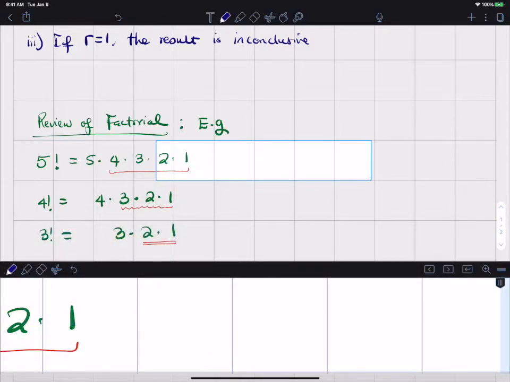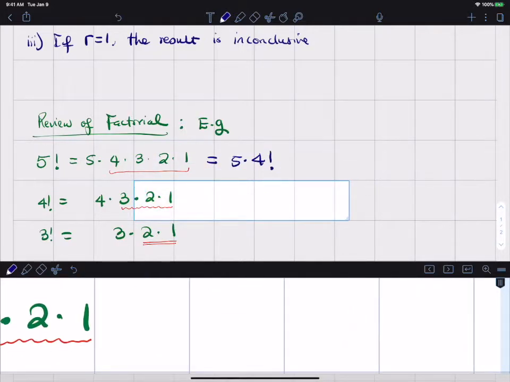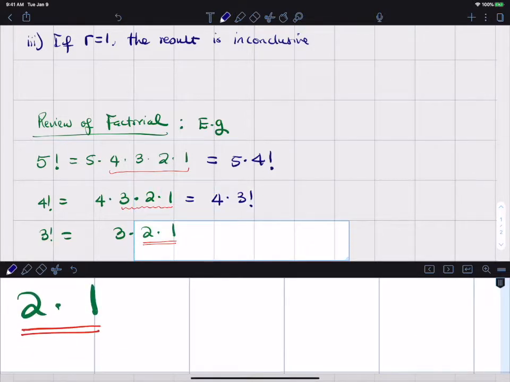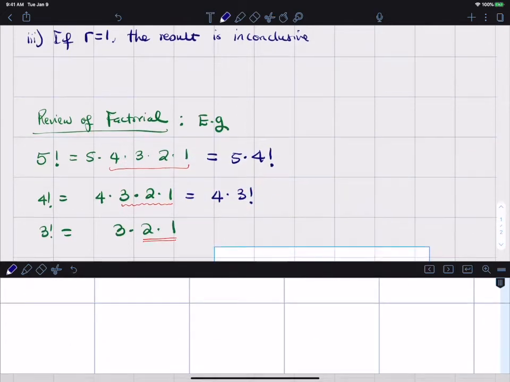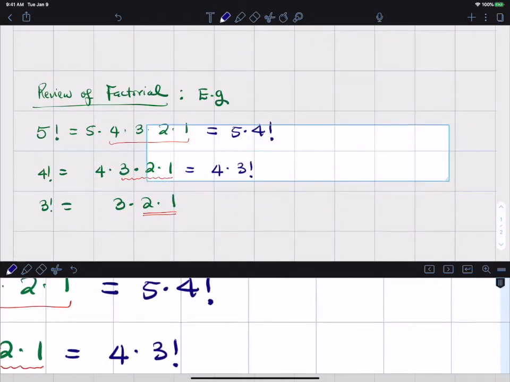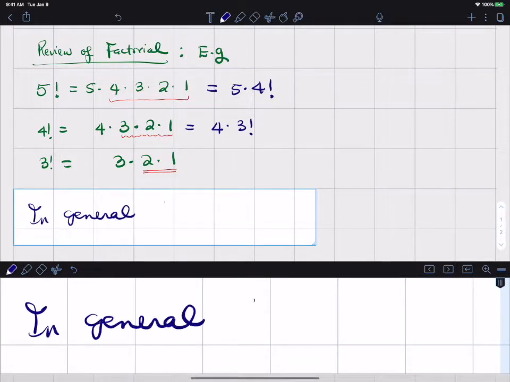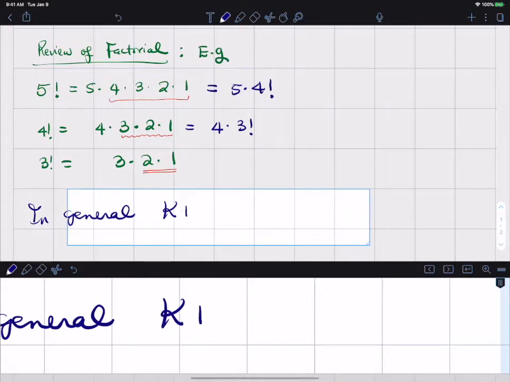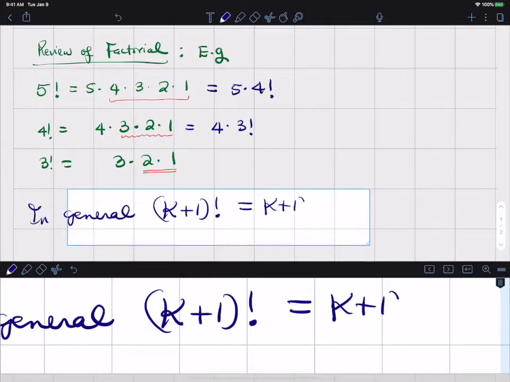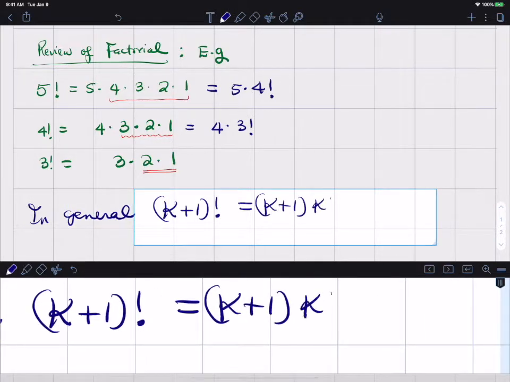So 5 factorial can be written as 5 times 4 factorial. So that means 4 factorial can be written as 4 times 3 factorial, and so forth. But what I'm pointing to is that in general, k plus 1 factorial can be written as k plus 1 times k factorial.